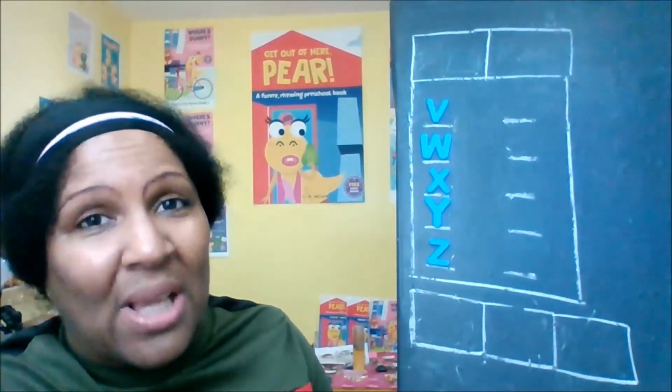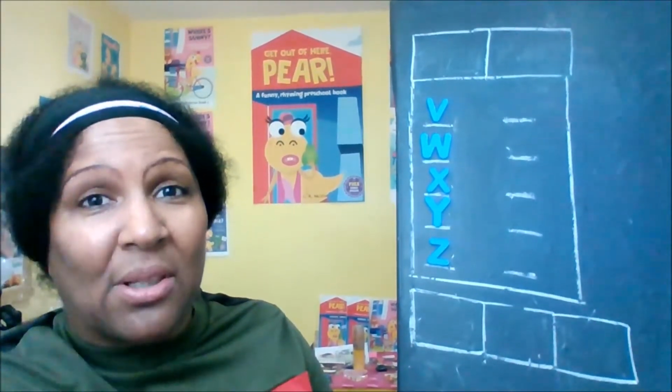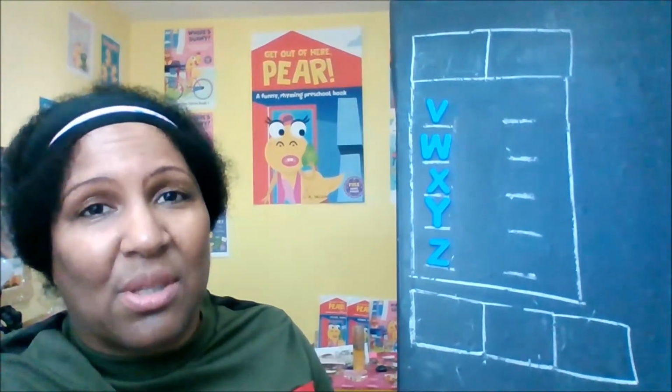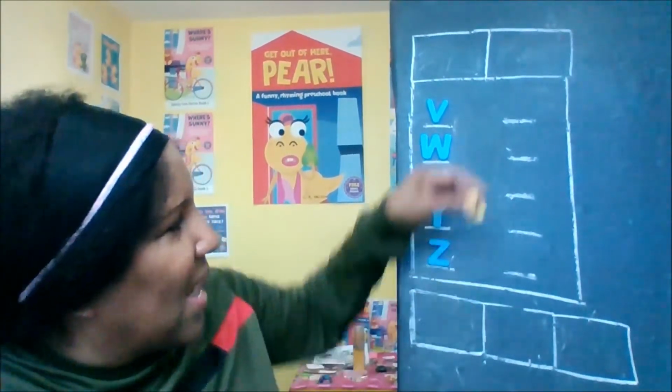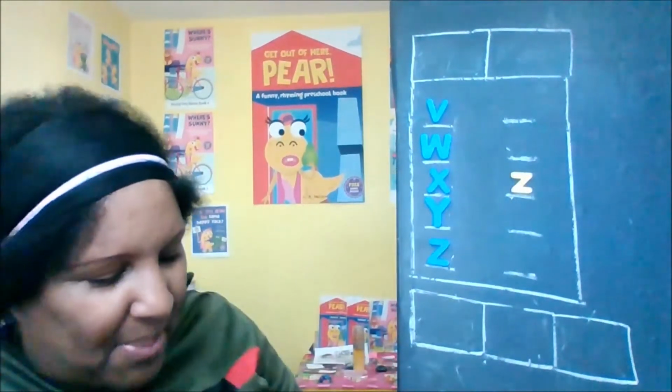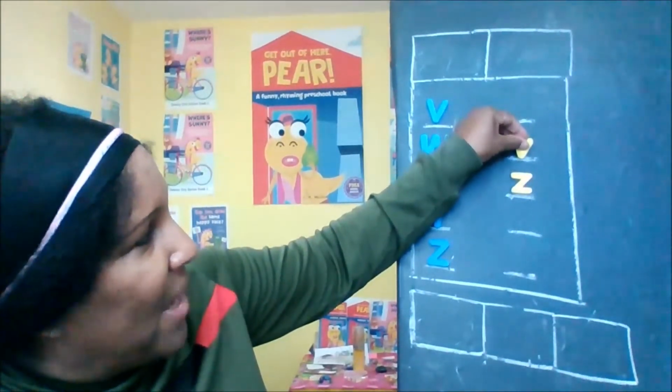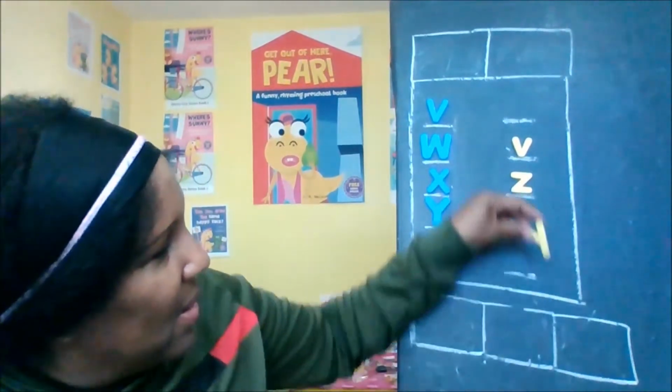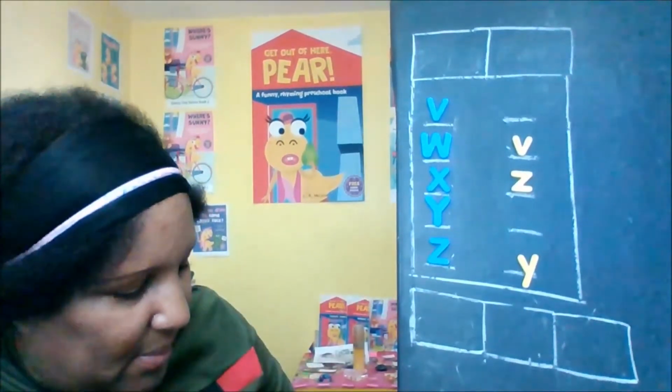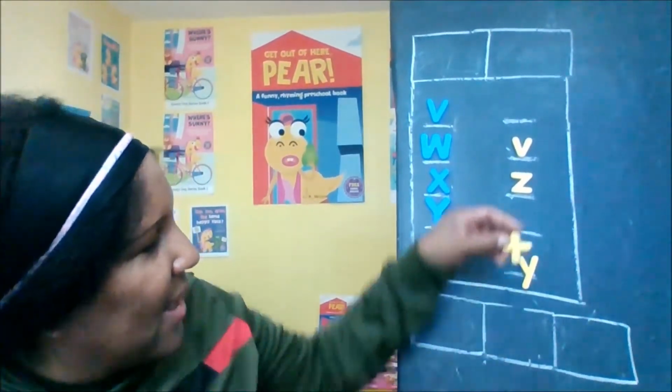The big letters look like the small letters. So this will be easy. I'm not going to help you. I'm going to move slowly, and maybe you will beat me to the answer. You'll get the answer first before me.